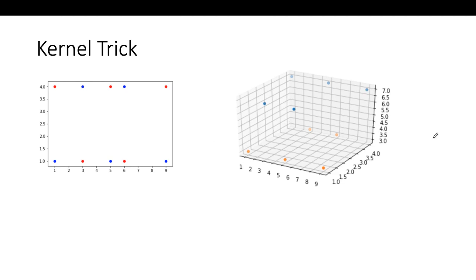So now we can draw a separator between these two because we have found some new features, and that has elevated this. The x and y remain the same, but when we look at it from a different angle, suppose we move to the side of it and find a third dimension, then we see that there is a separator. This hyperplane is a separator, and we can find the equation of this plane. So this is how a kernel trick can be applied to find a non-linear separator.